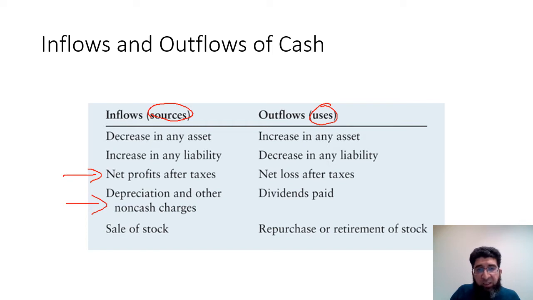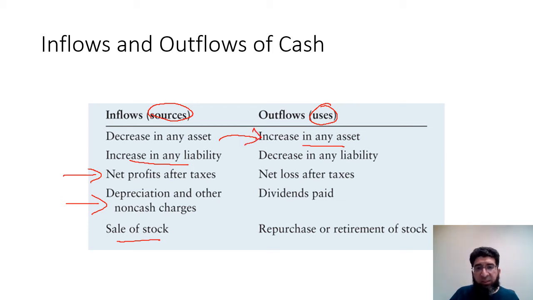And an increase in any liability means that accounts payable or notes payable has been created, and against this account we have received certain cash. Same is the case with the sale of stock. When we sell the stock, we receive the money. If an increase in any asset happens, then it's the opposite of this.